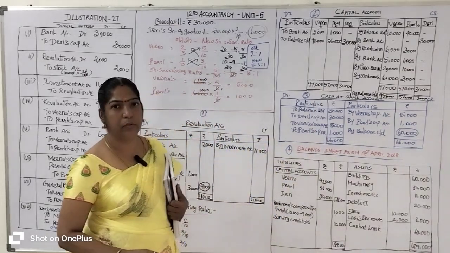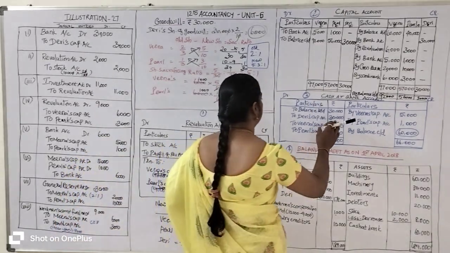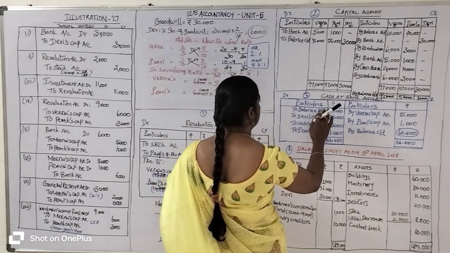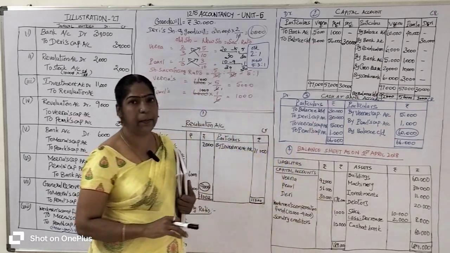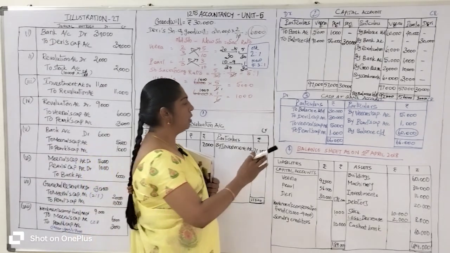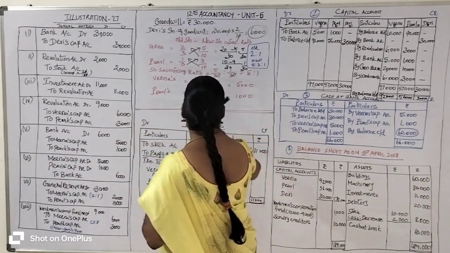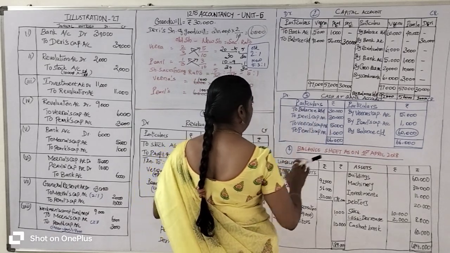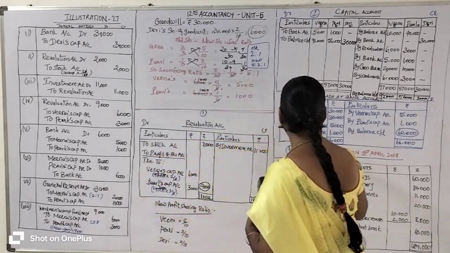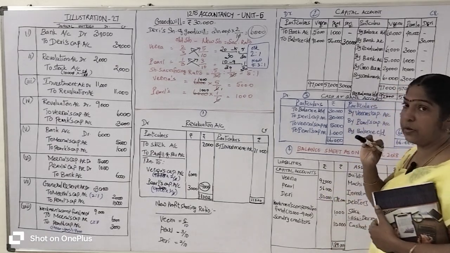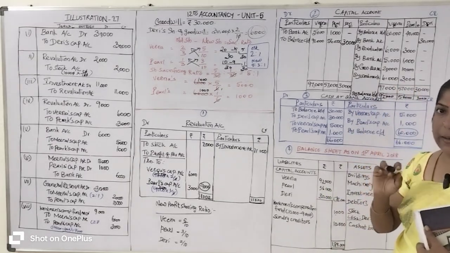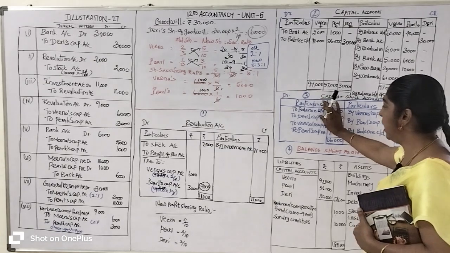The third account we are going to prepare from the journal entry into the ledger is called cash at bank account. What are the accounts related to bank account in the journal entry? You are going to enter them into the cash at bank account. So the opening balance of the cash account always appears on the debit side.